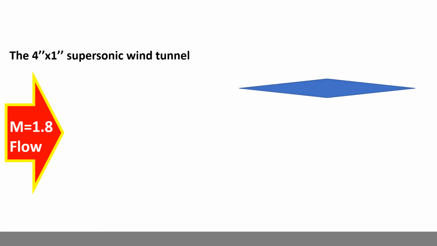As a summary, we can see the diamond or wedge aerofoil is placed in the middle of the wind tunnel, and the wind tunnel has a test section. The height is 4 inch, the width is 1 inch. Basically it's about 100 millimeter by 25 millimeter. That's the test section cross section area. Okay, and the wedge has an angle of 10 degrees.